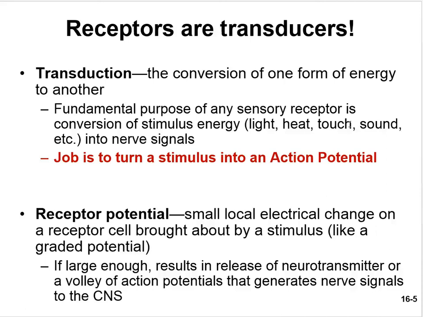But first, it usually starts with a receptor potential, which is a lot like a graded potential. It's a small local electrical change on a receptor cell brought about by a stimulus. If it's large enough, if it gets to threshold, then it can generate an action potential and then send that to the central nervous system to be transferred into a response.